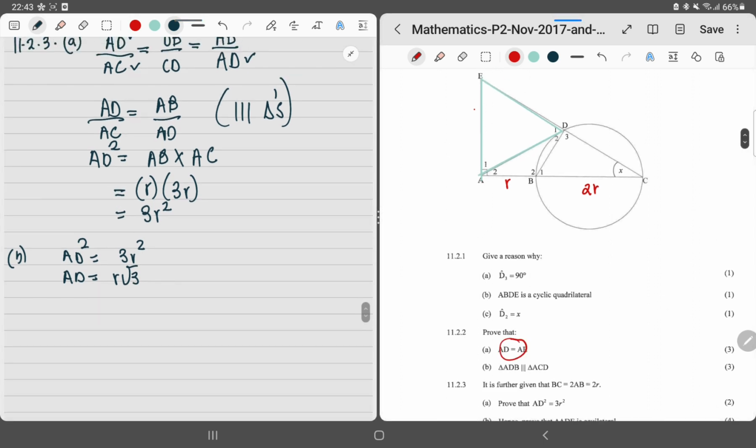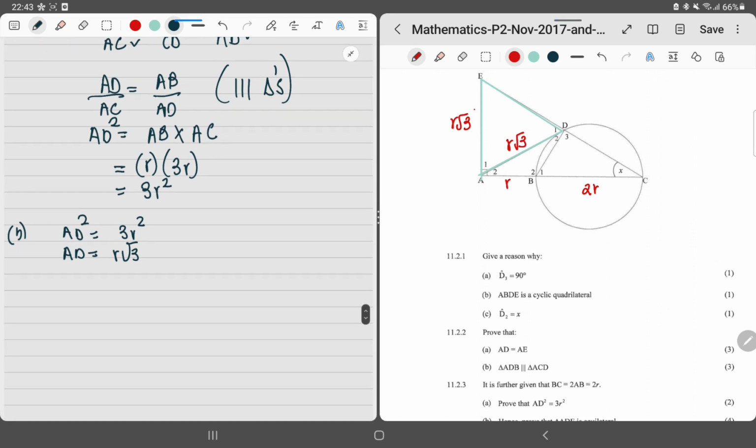And we did prove that AD is equal to AE. So this is R root 3, and that's R root 3. For an equilateral triangle, this must be 60, 60, 60. Or I just need to prove that ED is R root 3, then I would have proven it.